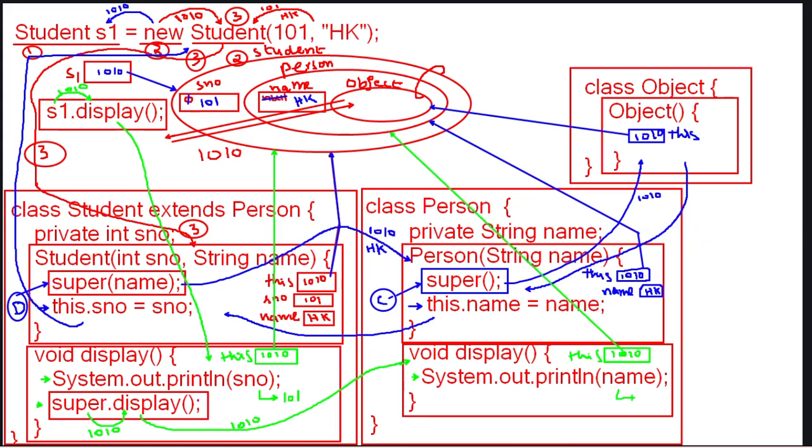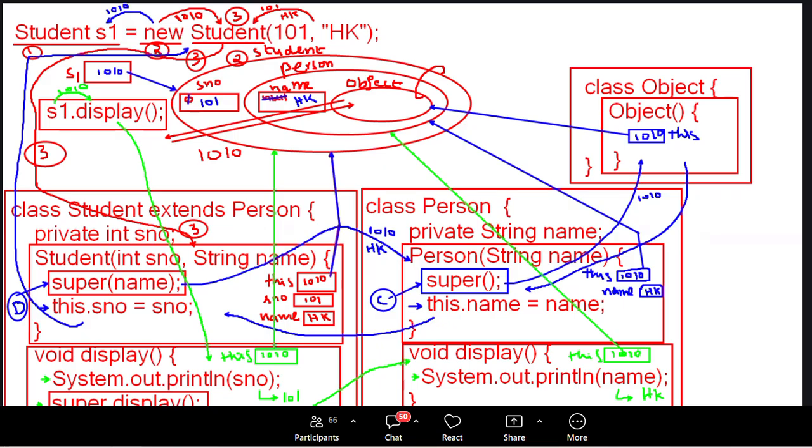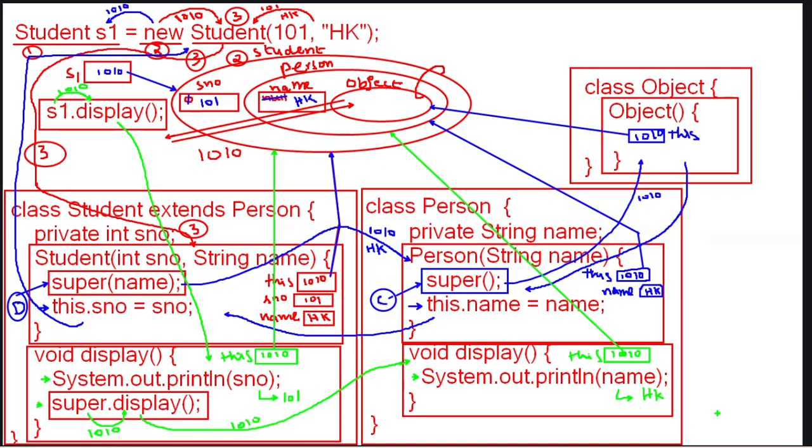Then the logic runs and the name value is displayed. This is the output: 101 H. In this program, we have learned both super call and super dot.